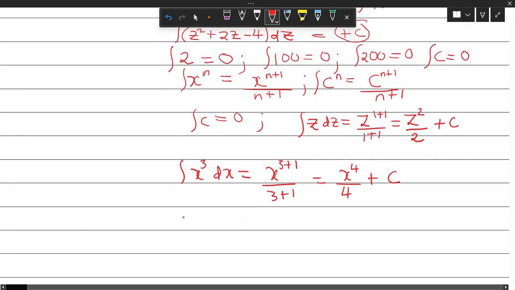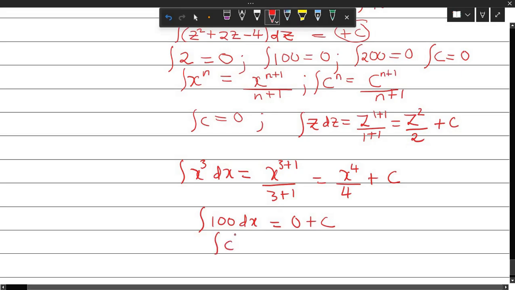Let's continue. Let's say integrate 100 dx. We know 100 is just a number. It doesn't have a letter here. So meaning this is 0 plus c. Okay, great. So let's say integrate c to the power 4 dc.